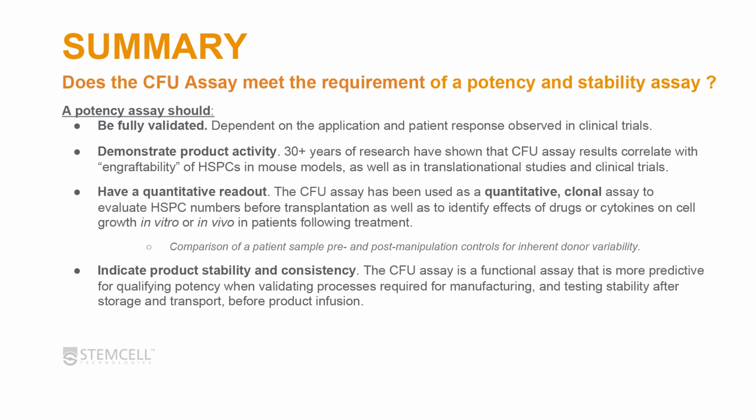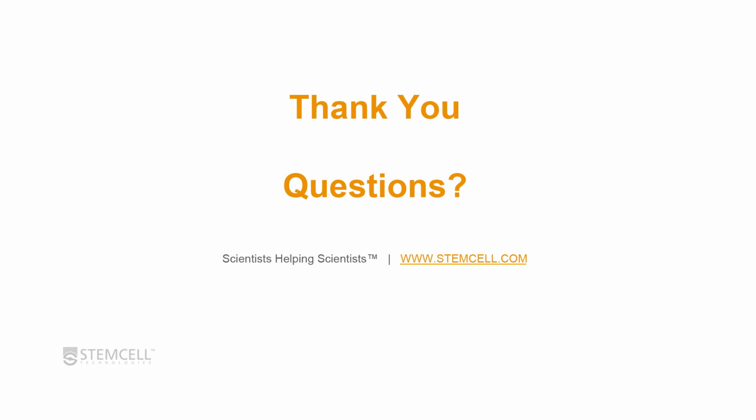So it's always good to set it up at the front, because it could be not only a potency and stability assay, but possibly also important in the identity of the product and possibly the release. So I'll stop now. Thank you very much for listening to this presentation, and I'll entertain questions.